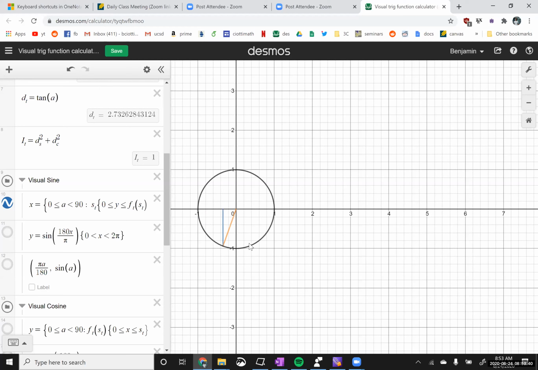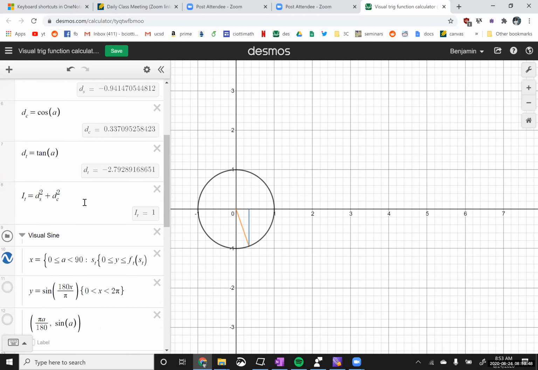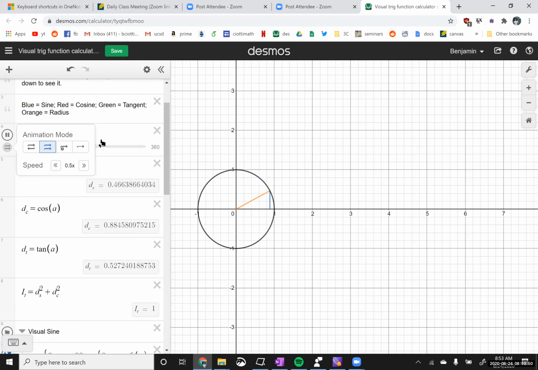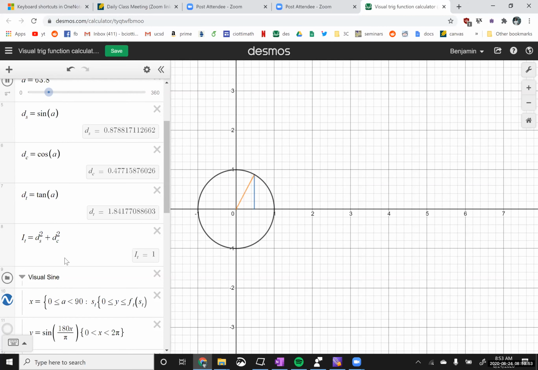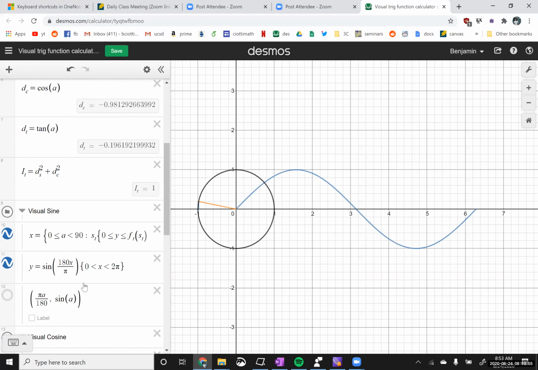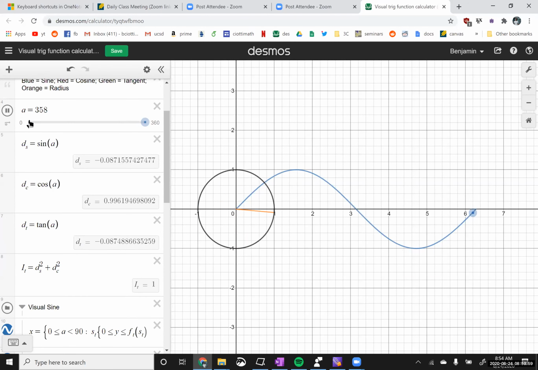So now let's make a plot of that y value as a function of time. What that will look like is the sine graph. Let me start it from the beginning.